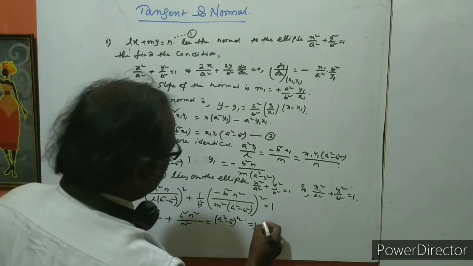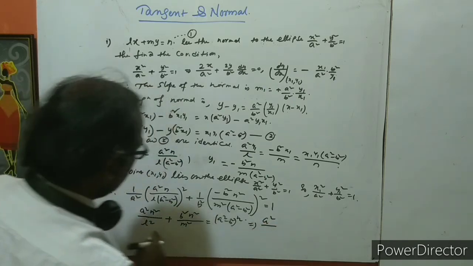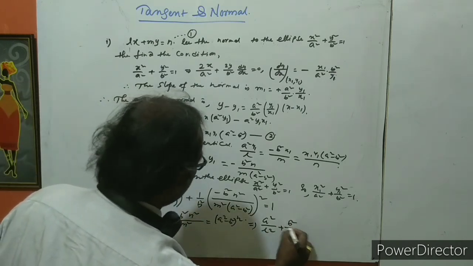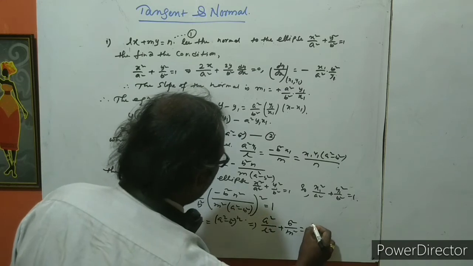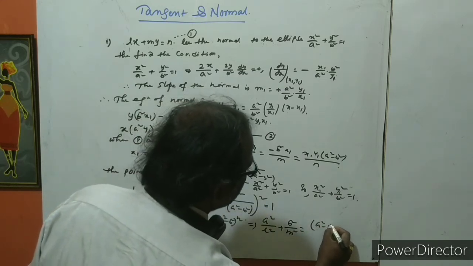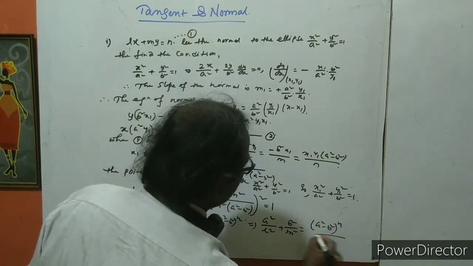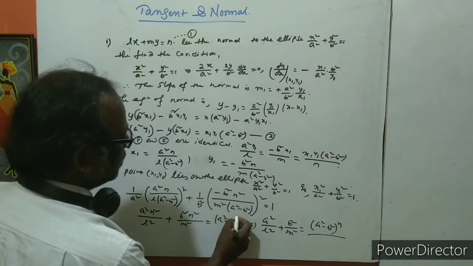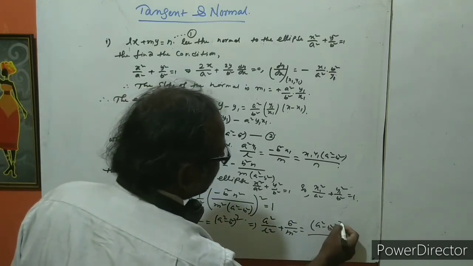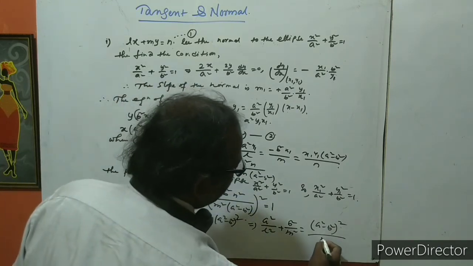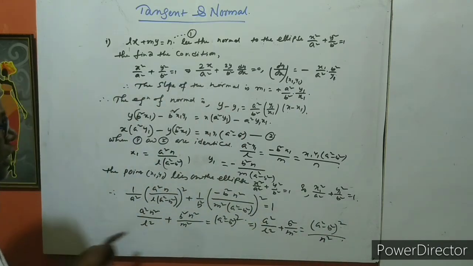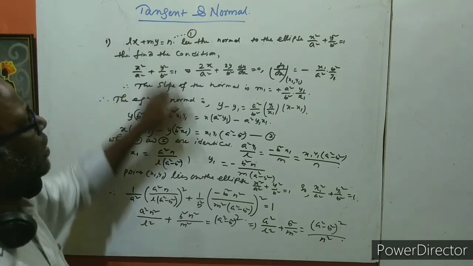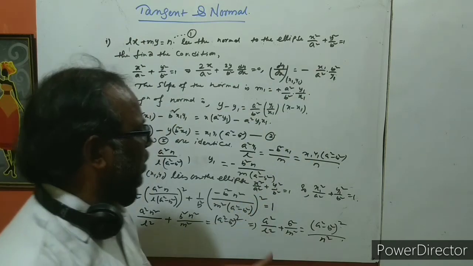So you can easily write here a square by n square, plus b square by n square, equals a square minus b square all to the power n. So this is a square, not n, this is square, divided by n square. This is the condition when this line is the normal to this ellipse.